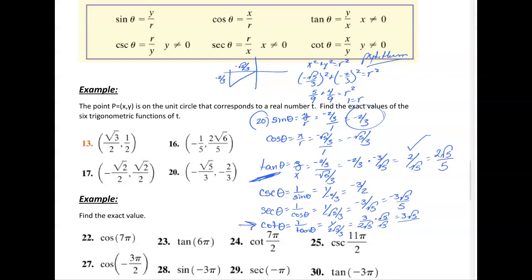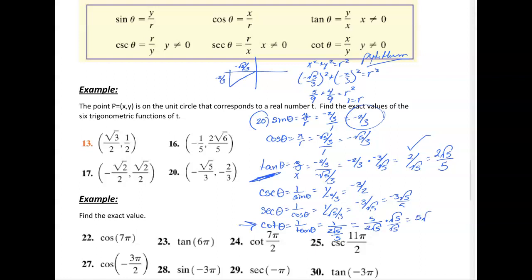So now we need to go back and fix this cotangent because we based it on a false answer there. So we have 1 over tangent, which is going to be 1 over 2 square root of 5 over 5. So now we're going to have 5 over 2 square root of 5. And if we multiply by square root of 5 over square root of 5, because we need to rationalize, right?